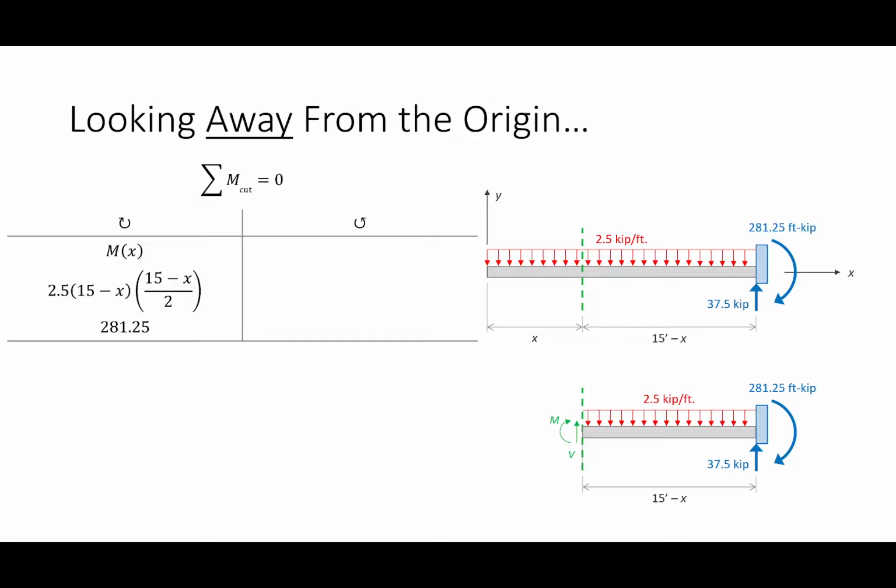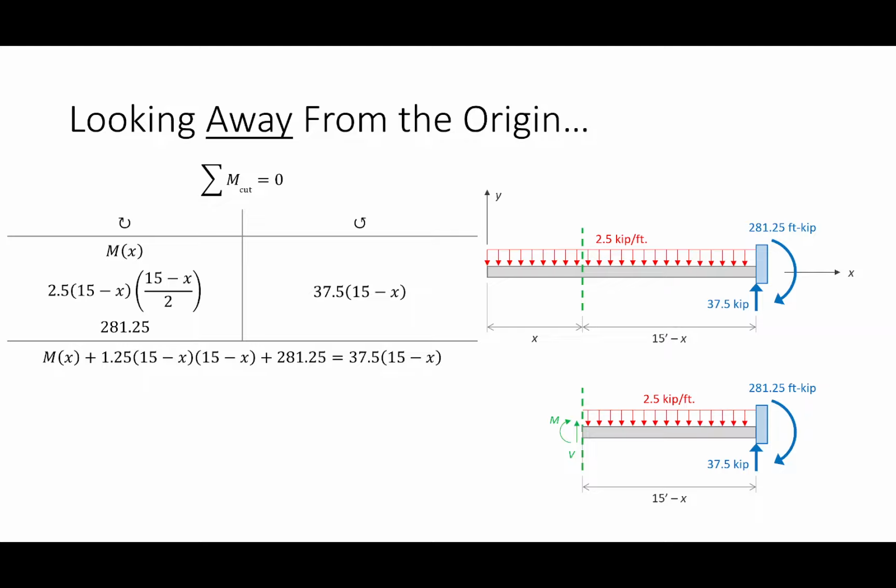Opposing the other direction is 37.5 times (15 minus x). Now watch this nonsense. So, okay, we have M plus this, which 2.5 over 2 is 1.25, (15 minus x)(15 minus x), plus that equals this.